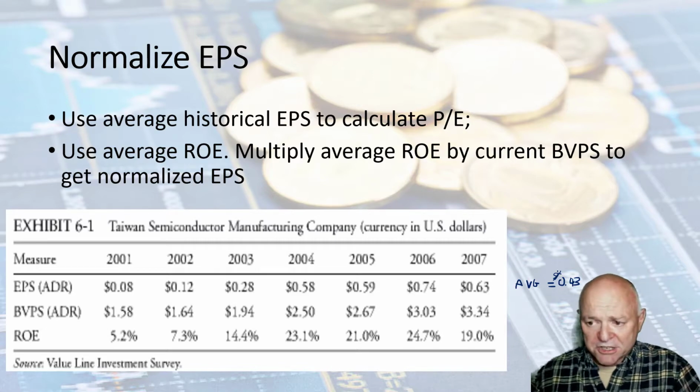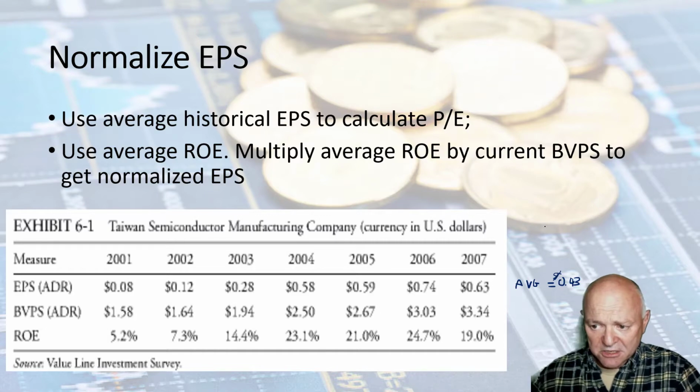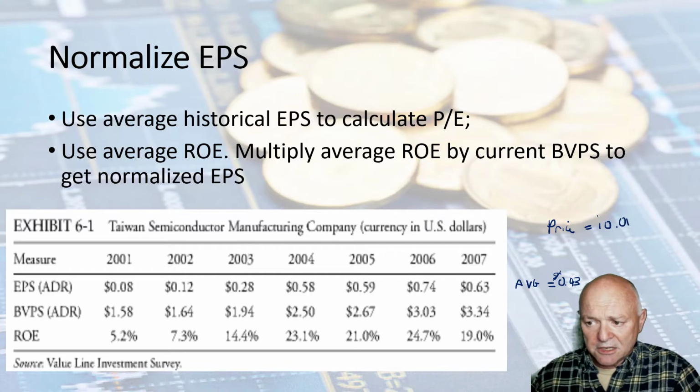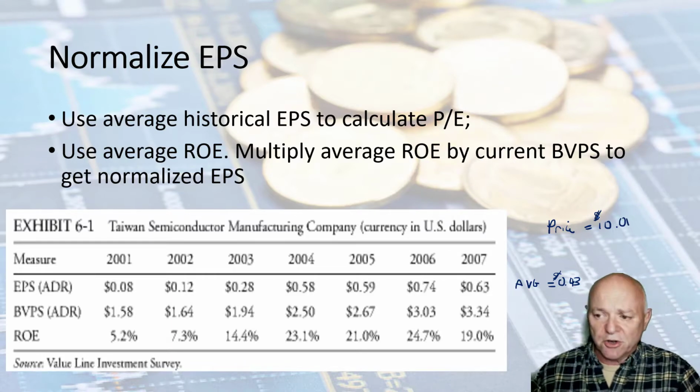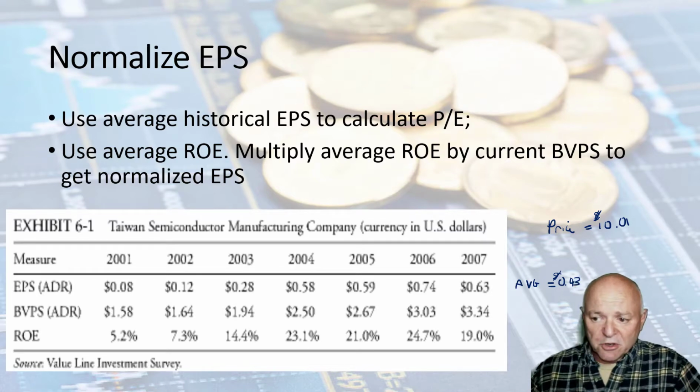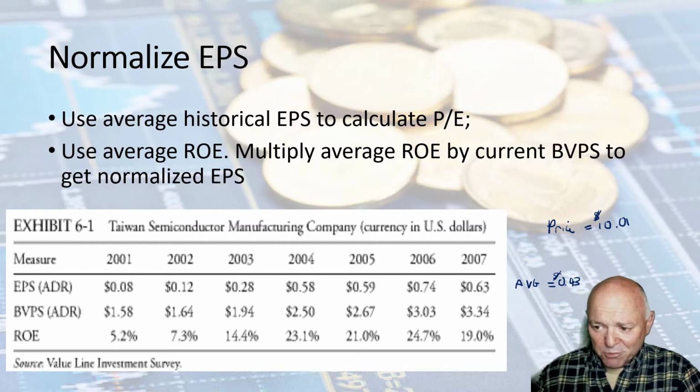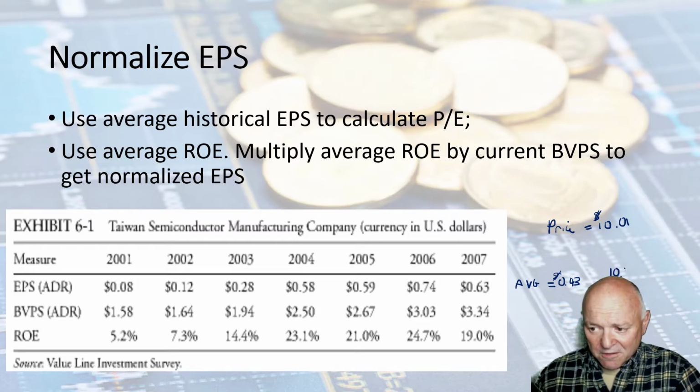So if our price, and the price is missing from this, so the price of the company today, $10.01. And these are not shares, but these are ADRs that are traded on the New York Stock Exchange. So if I wanted to know what my price earnings multiple, 10.01 divided by 43 cents.